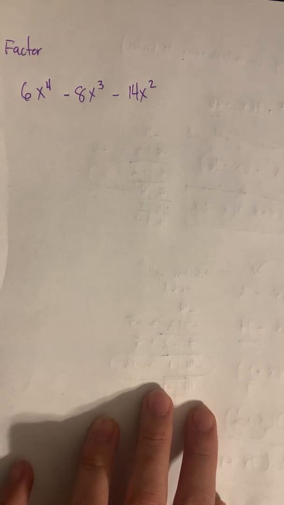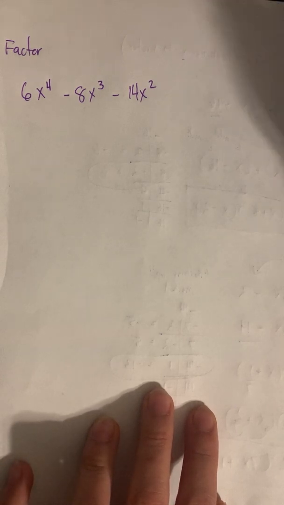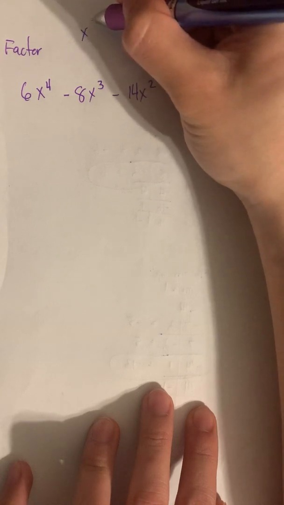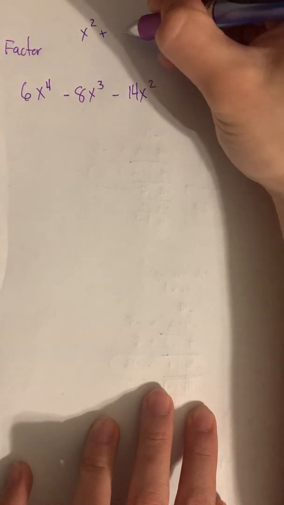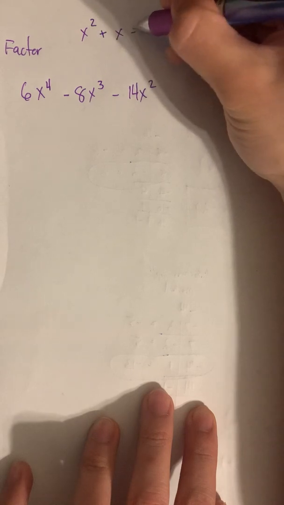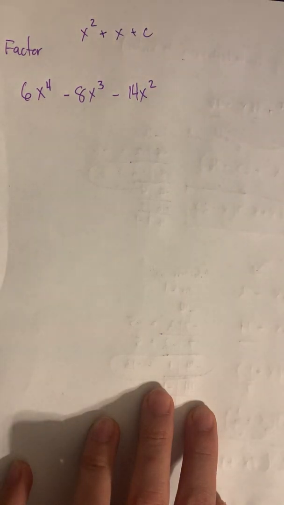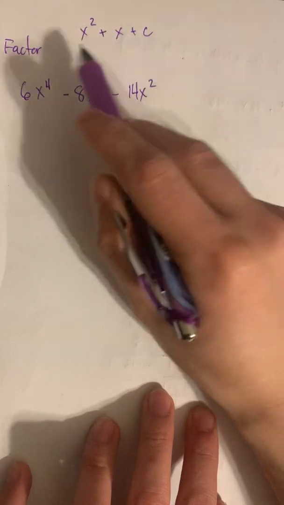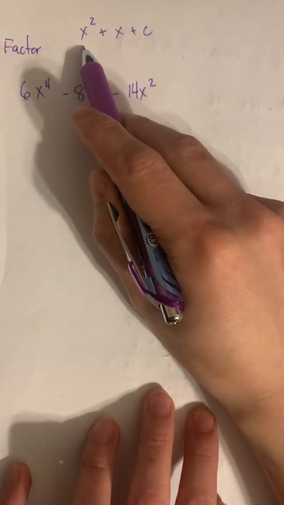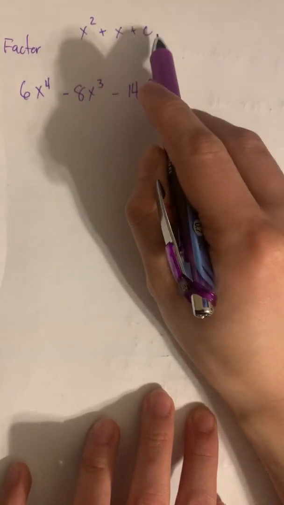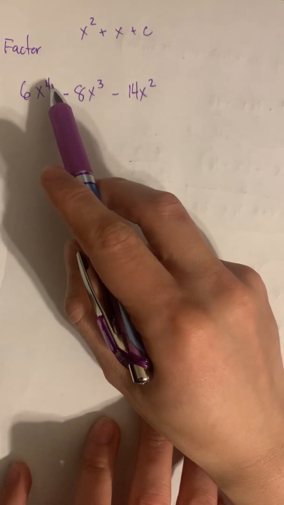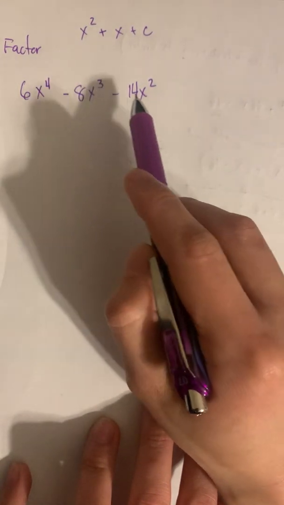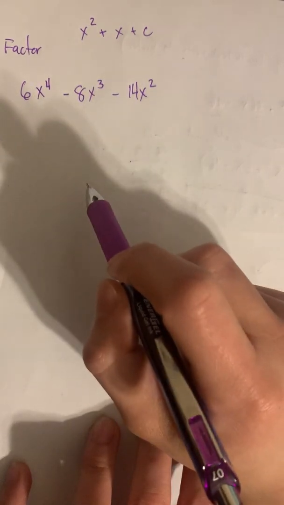So here, this is weird because we factored something like x squared plus an x term and then plus a constant. So we want it similar to this form here. We want an x squared, we want just an x here, and then we want just some number at the end. So it looks like this has an x to the 4th, this has an x to the 3rd, this has an x to the 2nd.